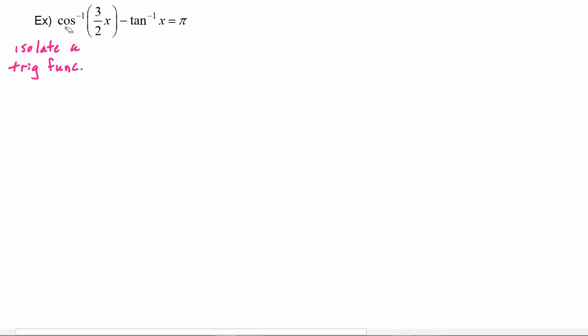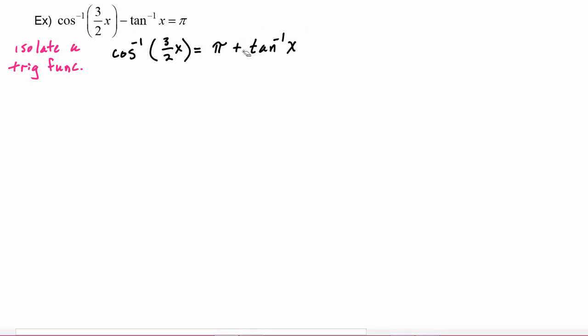Since the cosine inverse is positive, I think I will leave it alone on the left-hand side. So we have cosine inverse of 3/2 x is equal to pi plus tangent inverse of x.